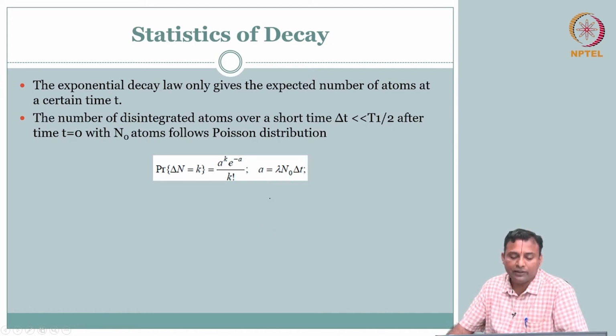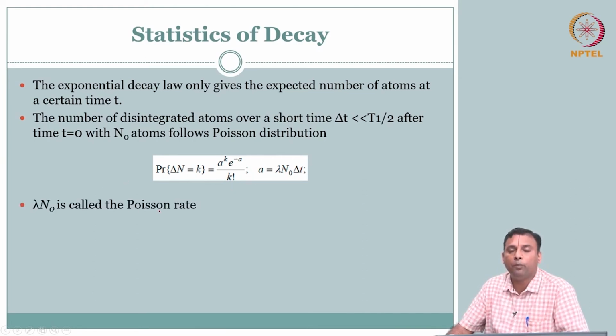We talked about this already. Delta t is far less than the half-life. If that is the case, this distribution is valid and therefore this mean is obtained. So, let us think about what happens. Lambda N naught is called your Poisson rate, how fast the decay is.